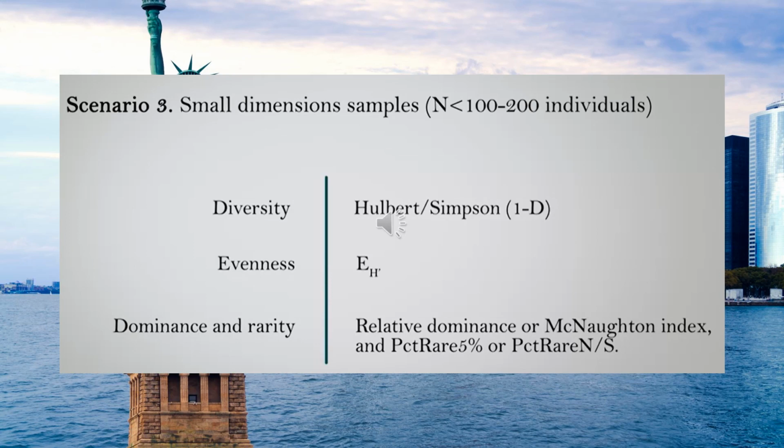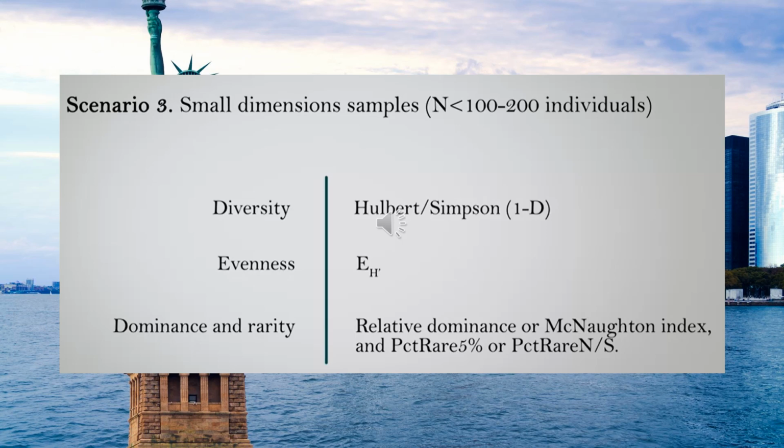In the third case, where the sample area is of small dimension, meaning that the number of individuals is less than 100 or 200, we can evaluate the differences in diversity between the two samples by the Hurlbert-Simpson index, which is very scalable in case of small samples, and we can use 1 minus D, so 1 minus the Hurlbert-Simpson index.